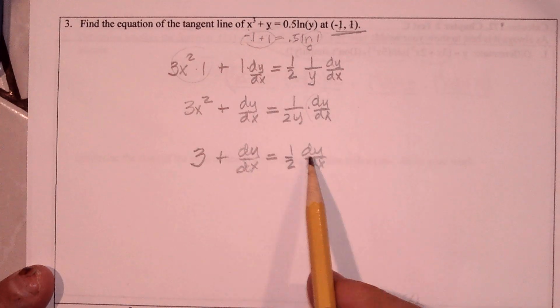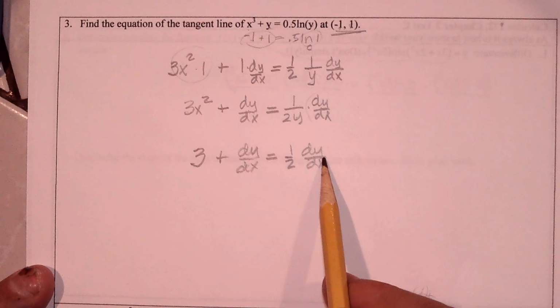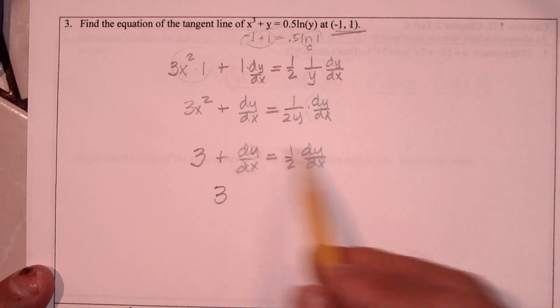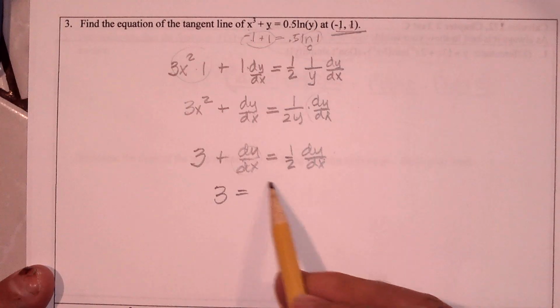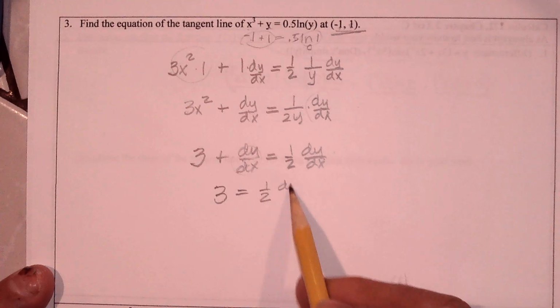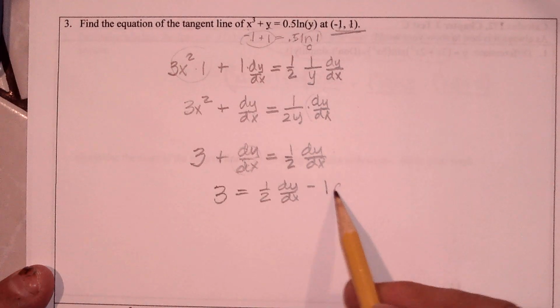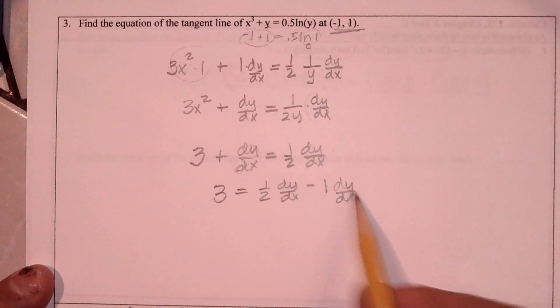I still need to get dy/dx on the same side, so I'm going to subtract dy/dx from both sides, and I get 1/2 dy/dx minus 1 dy/dx.